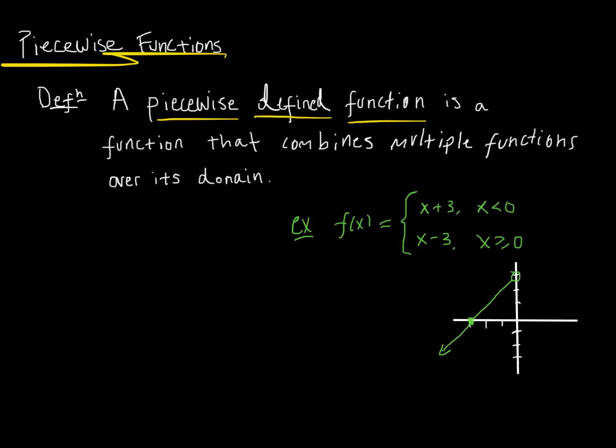Now, the next part of the function is for all values greater than or equal to 0. This is much more clear in that I want to start at 0 and work my way out. So we should do that. Start at 0. 0 minus 3 is -3. I'll graph it in a different color here. 0 minus 3 is -3. And this is a closed point.